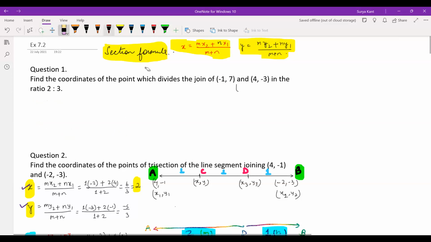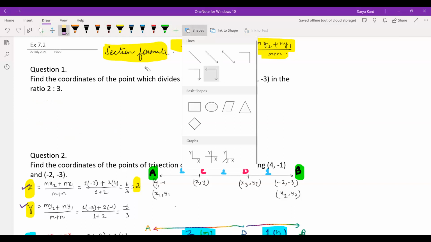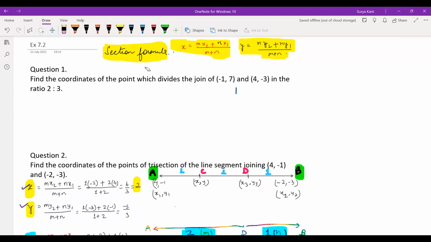So try to understand what the question is asking here. First, if you want, you can make one line. Draw a line over here, name it AB, with one point in between that you name P. You have to find the coordinates of the point which divides the join of A, which is -1 and 7, and B, given as 4 comma -3.